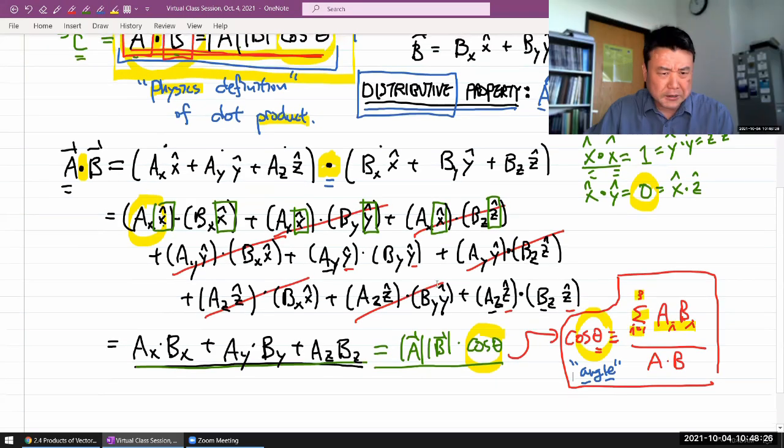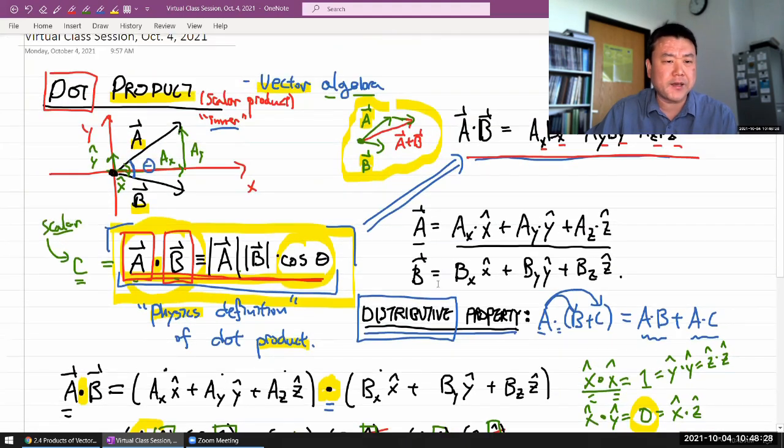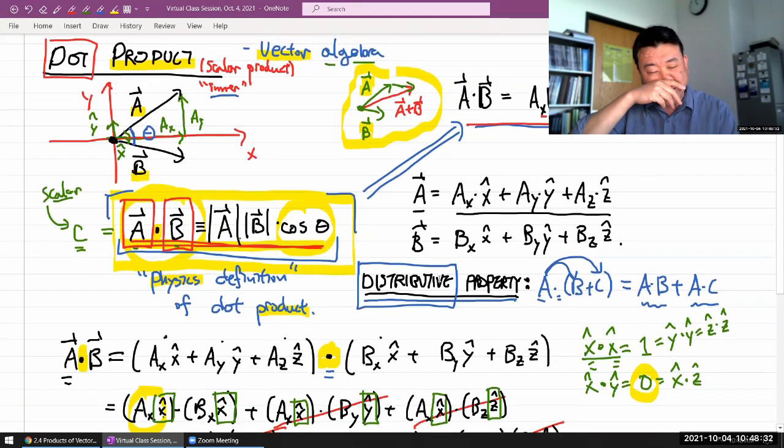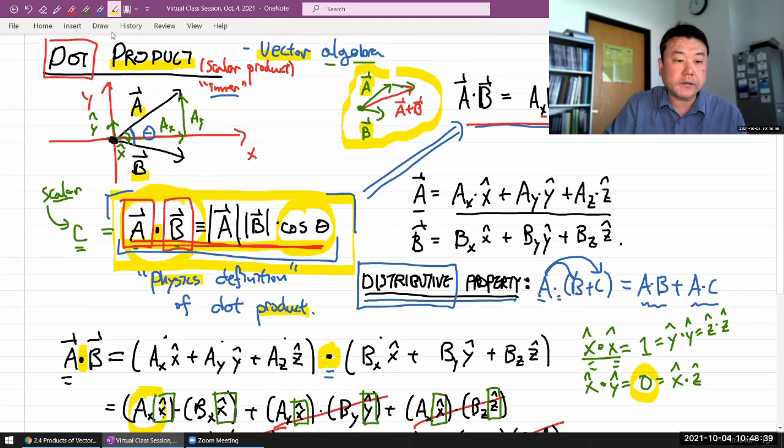So yeah, I think that's the comprehensive coverage of the dot product. And again, we held off on this until now because now is the time when we need it to describe work. We define work done as a dot product between the force, so this is the work being done by this particular force, and the displacement.